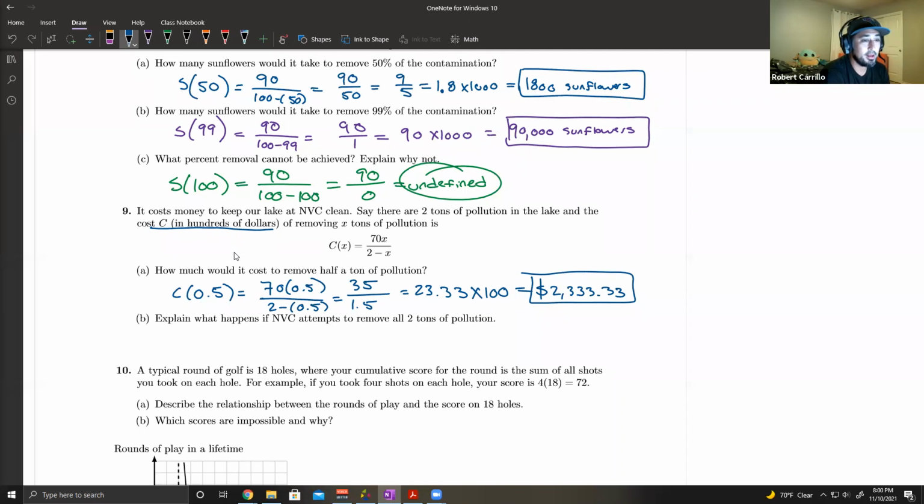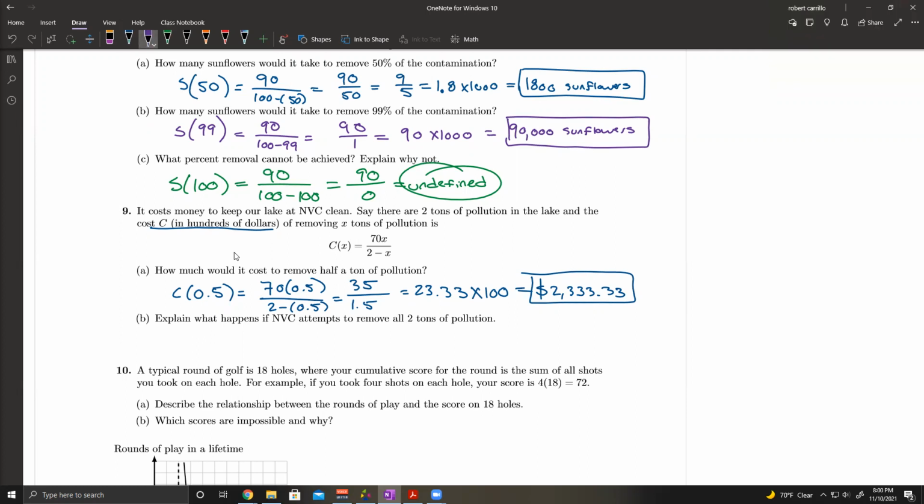Okay. And what would happen if we try to remove all 2 tons of pollution? Well, what would you plug in for x?